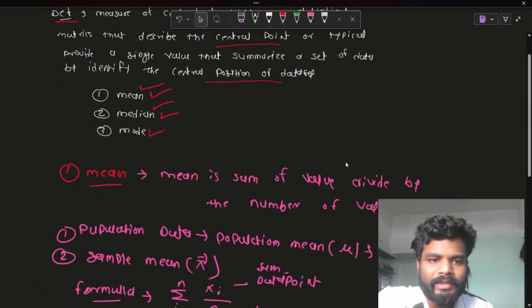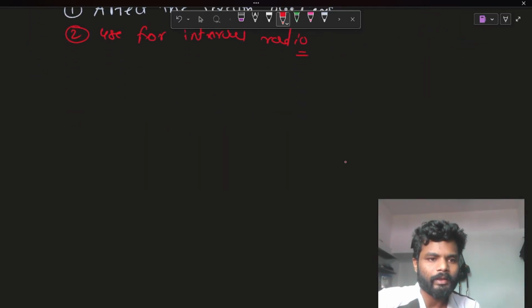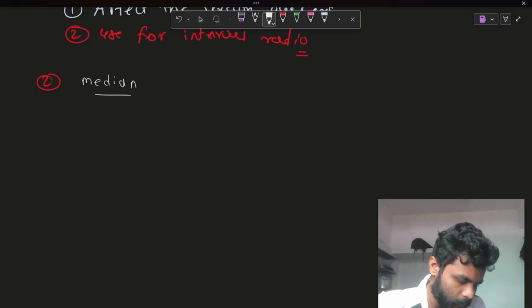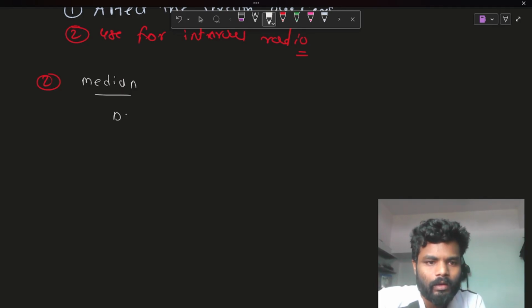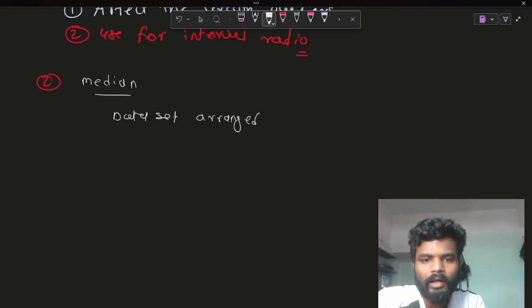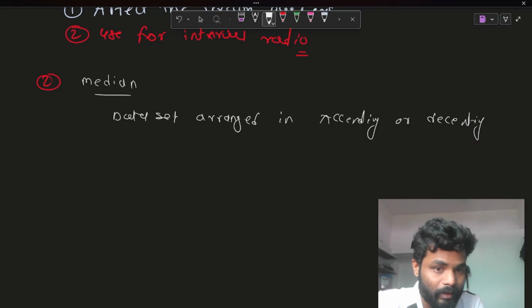Similarly, the second one is the median. How do we calculate the median? In simple terms, for the median, the data set is arranged in ascending or descending order, and we calculate the midpoint.